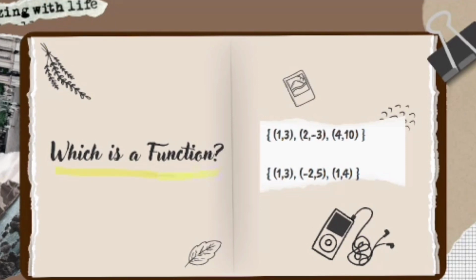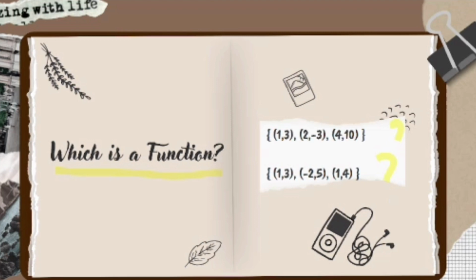We have (1, 4), (2, -3), (4, 1). And the second set of ordered pairs, we have (1, 3), (-2, 5), (1, 4).